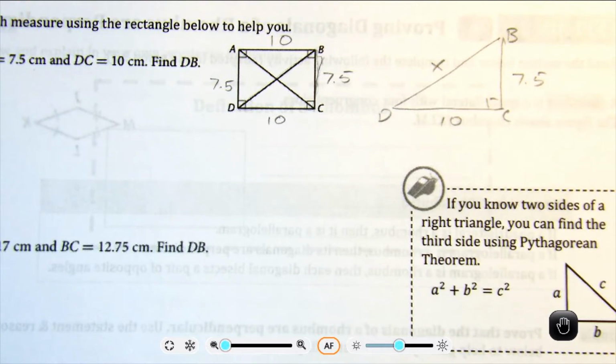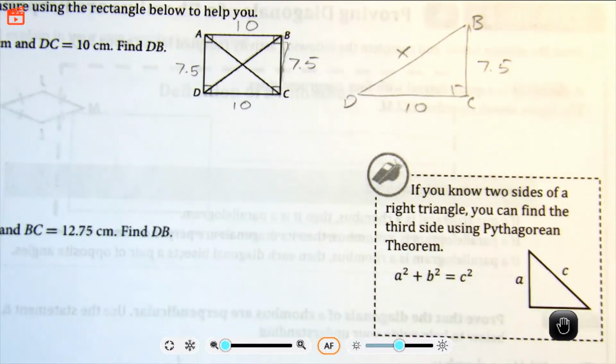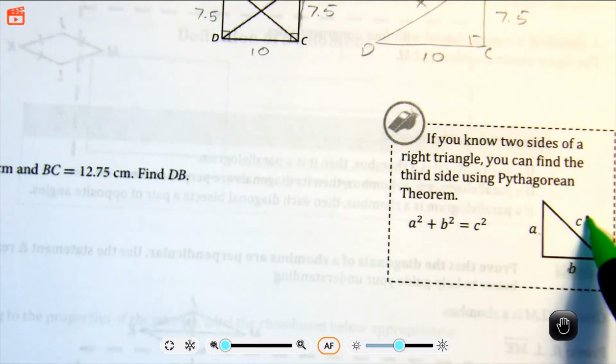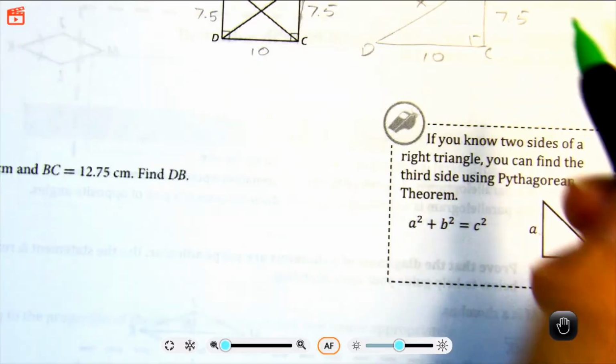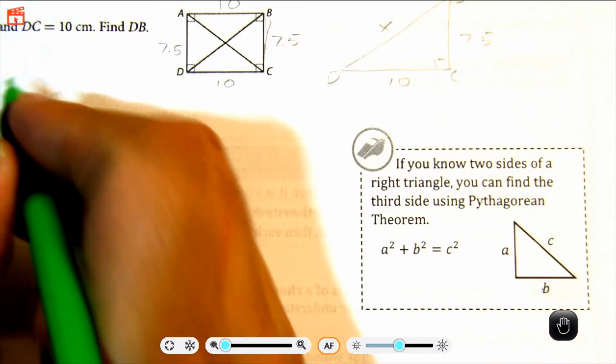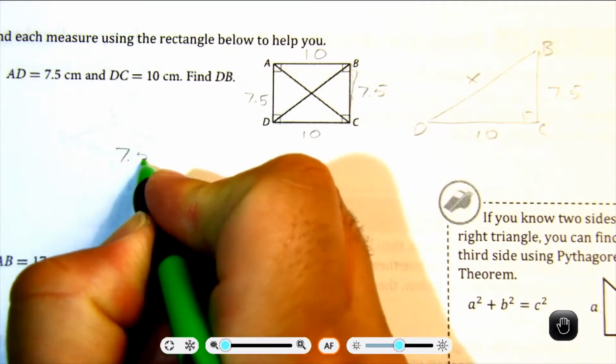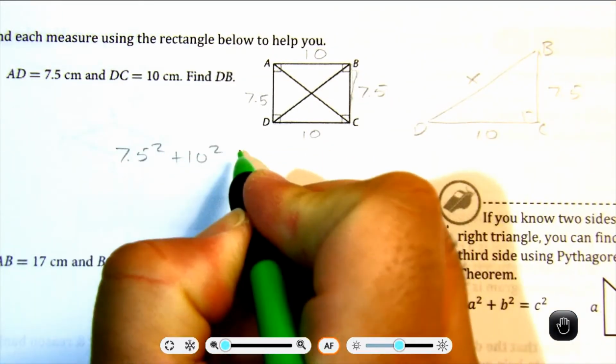Because we're dealing with right angles, we could use the Pythagorean theorem to find the missing side of a right triangle. So remember that a squared and b squared are the legs of the right triangle, and c is the hypotenuse. So using that formula, I would have 7.5 squared plus 10 squared is equal to x squared.